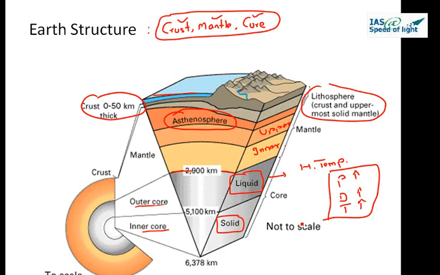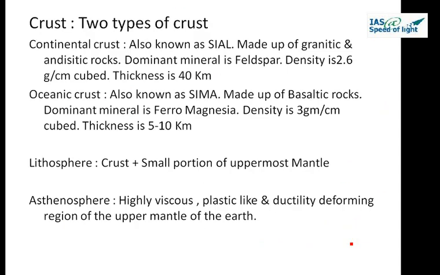So why is it? Because of very high pressure. Though temperature is very high, but pressure is very high, so that makes the liquid solid again. Okay, so this is the basic division of the Earth interior.